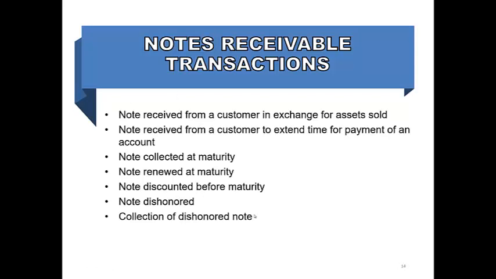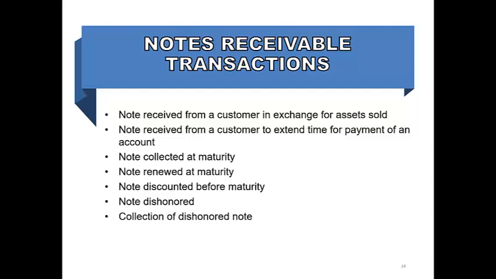Notes receivable can originate in a couple of different ways. One is a customer may issue a notes receivable to the company in exchange for an asset. Sometimes if the asset is very expensive and the customer needs a little bit more time to pay the asset off, he may issue a note instead of an accounts receivable.